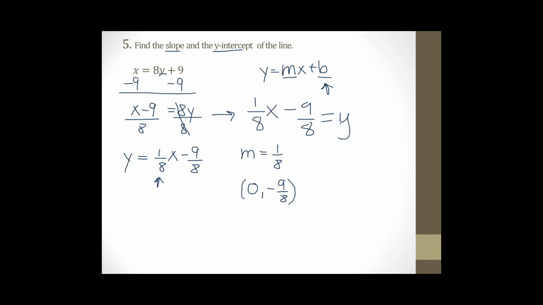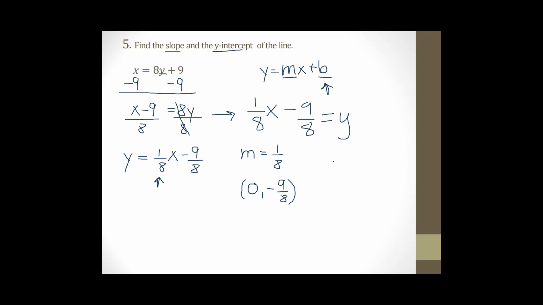But then to make it look just like slope-intercept form, we just flip the equation around. So we just picked it up and flipped it over. The y that was on the right, we moved to the left, and the 1/8 x minus 9 over 8 that was on the left is now on the right.